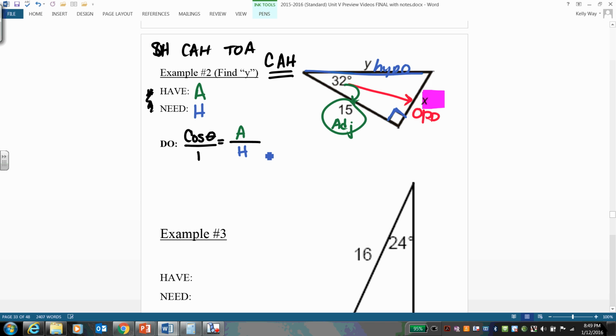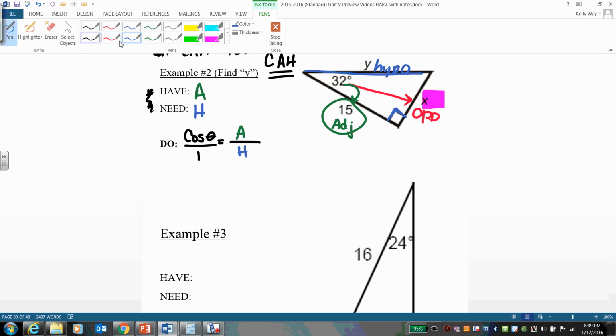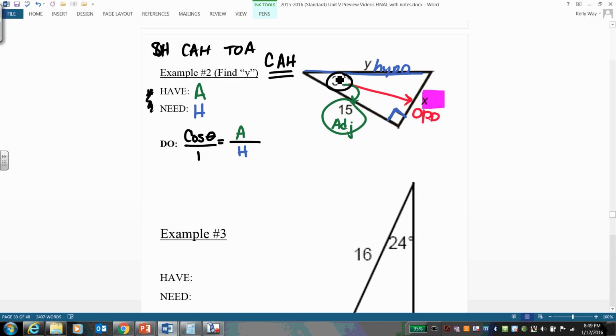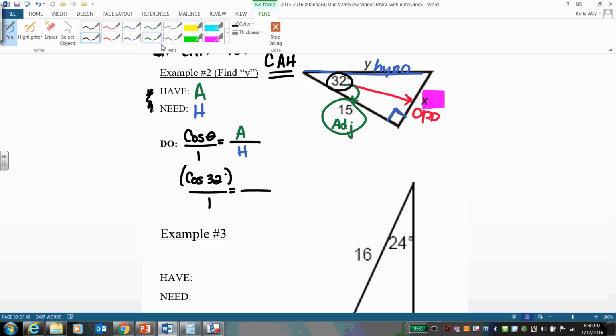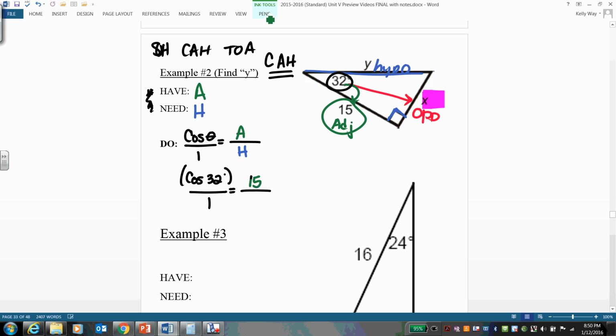Now we circle, plug, check. Our theta is going to be 32, so we write cosine of 32 degrees, a parenthesis around that whole thing, over 1 equals adjacent, which is 15, over our hypo, which is y.